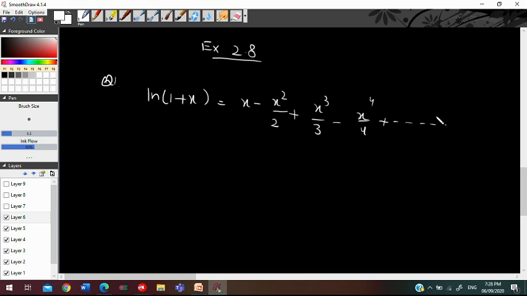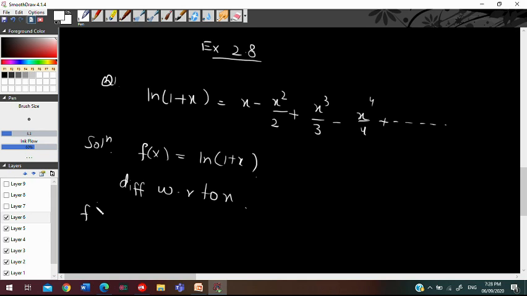Now I start the solution and we have to apply the Maclaurin series. Okay, now f of x is equal to log of (1 plus x). Now differentiate with respect to x. So f prime of x is equal to (1 plus x) power minus 1.